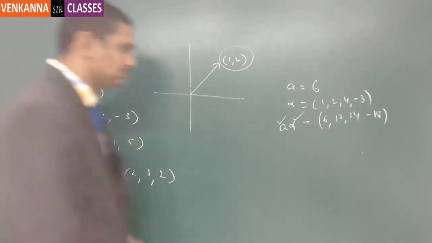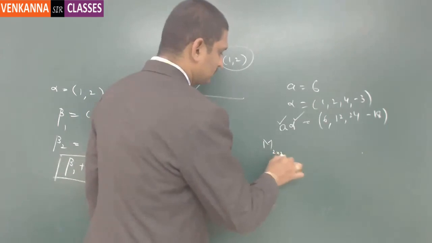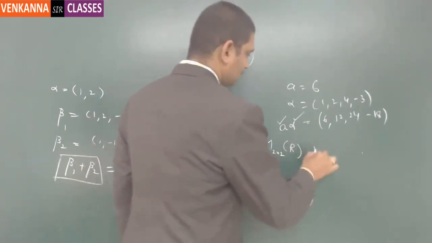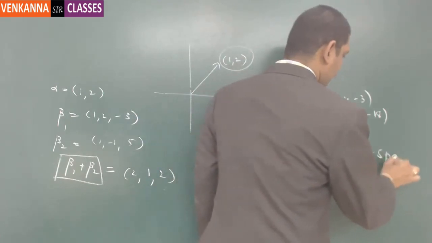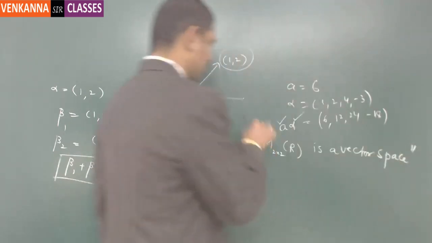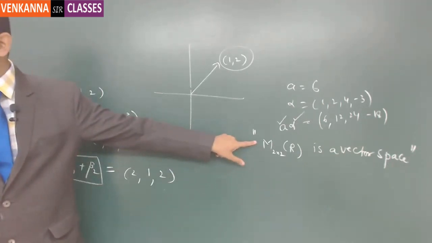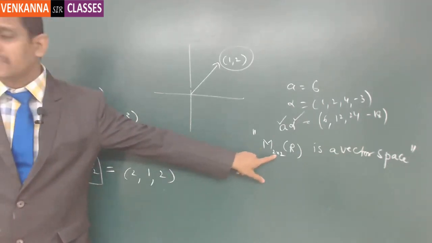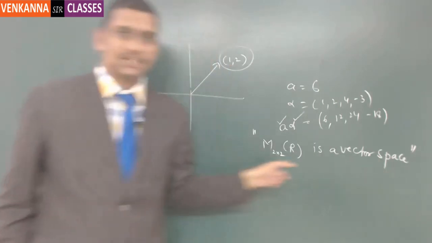If I say that M 2 by 2 of R is a vector space, it means that M stands for matrices. I have taken all square matrices of order 2 by 2 over the real number system R. It is a vector space.